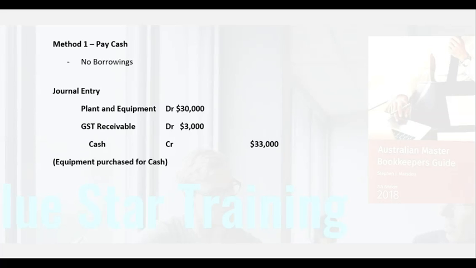So the good thing here, we will save on the costs of borrowing. Things like loan fees, interest charges. We won't have to pay them and the business will be more profitable. There is also less risk to the business when we do not borrow money. The disadvantage is that the entity or business is using its cash reserves that it might use for something else useful in the business.